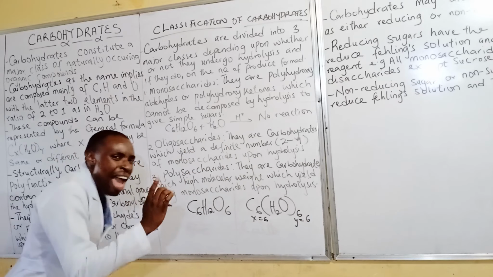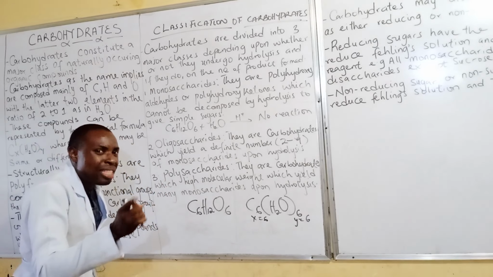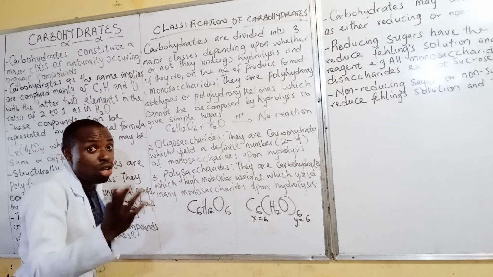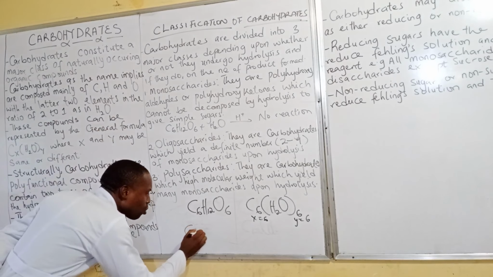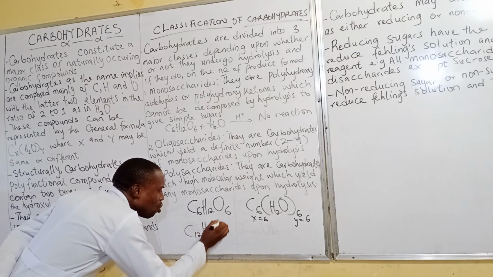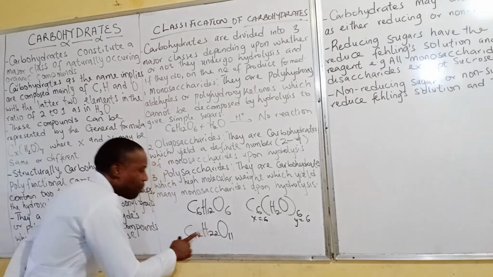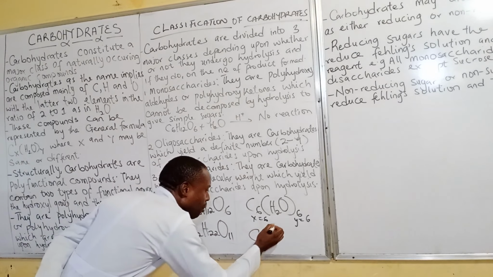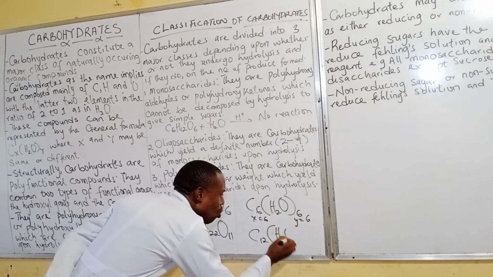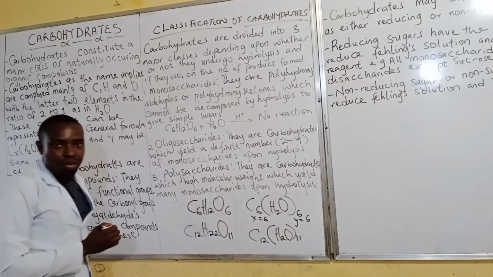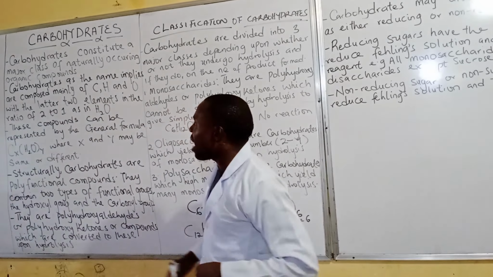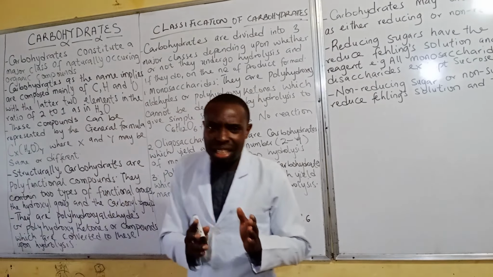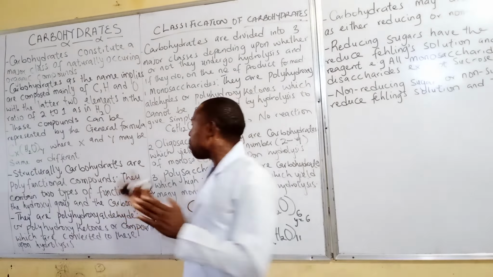Now, x and y can be different, as in the case of a disaccharide, where we talk about sucrose, which is C12H22O11, which can be written as C12(H2O)11.